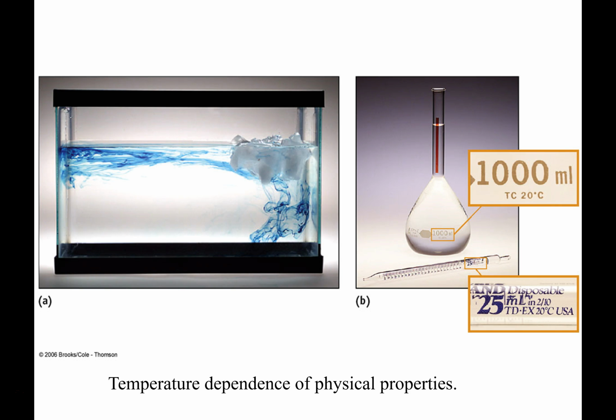TD means to deliver. It means how much it's supposed to deliver. But it's calibrated at a particular temperature, 20 degrees Celsius. I could Google it, convert 20 degrees Celsius to Fahrenheit, but I'm thinking that might be around the mid-70s.